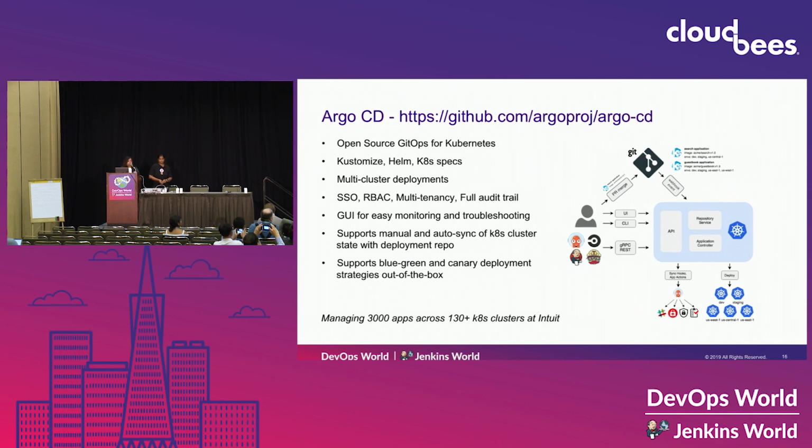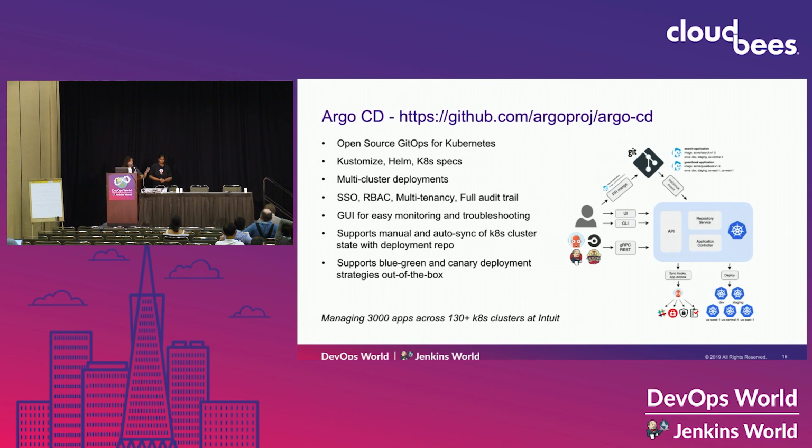It was actually open sourced by Intuit a year ago. It supports different Kubernetes manifests: Kustomize, Helm, vanilla Kubernetes YAMLs. The biggest value of Argo CD is it can do multi-cluster deployment, because from the get-go when we were building it, we knew that for our kind of environment, developers will need to deploy their code to multiple environments in multiple clusters.